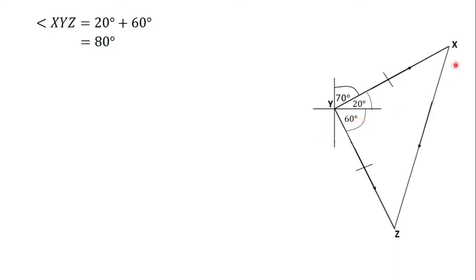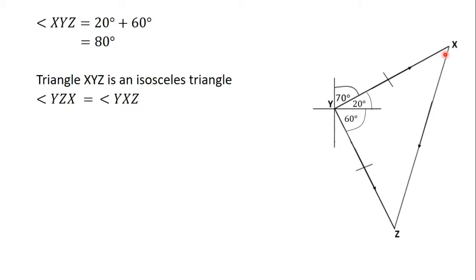As we said previously, triangle XYZ is an isosceles triangle. So angle YZX and angle YXZ are the same. So if here is n, here is also going to be n.